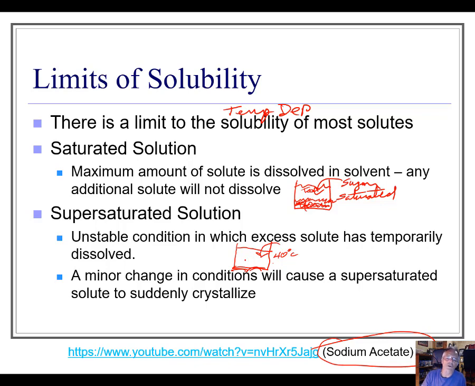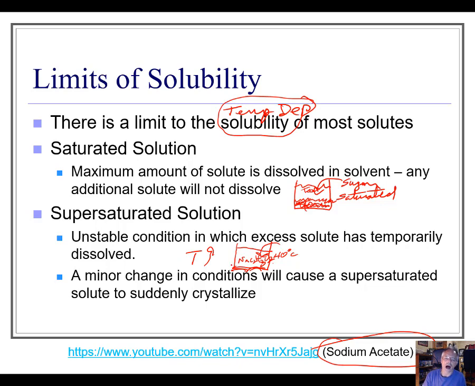Now I can dissolve more sodium acetate into the solution than I could at 25 degrees Celsius because, as I said, solubility is temperature dependent, and if my temperature is a little bit higher, I can get more of that sodium acetate to dissolve.